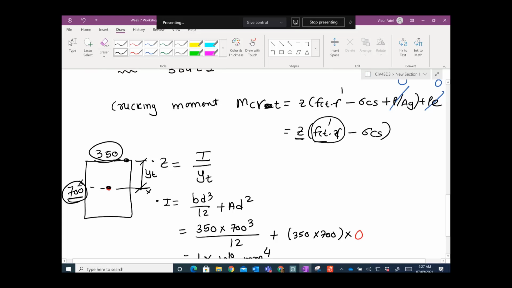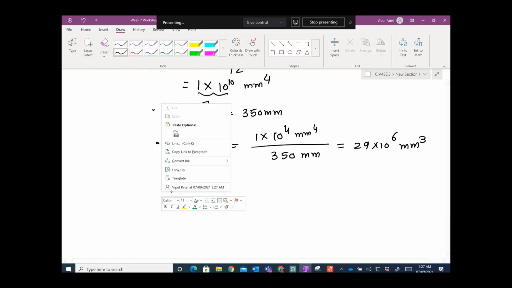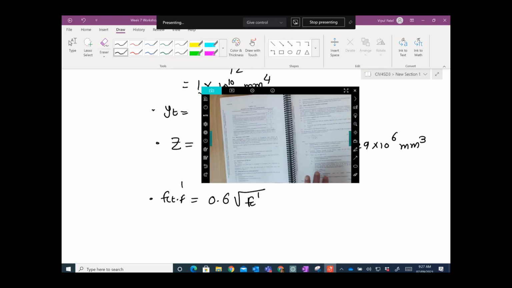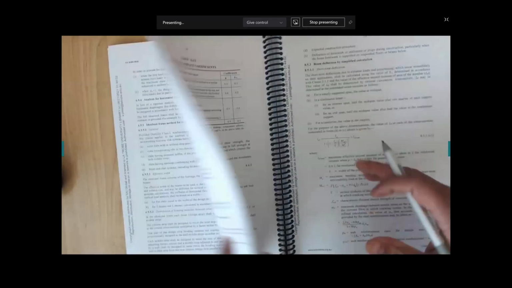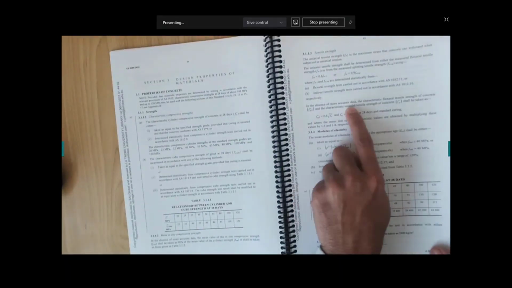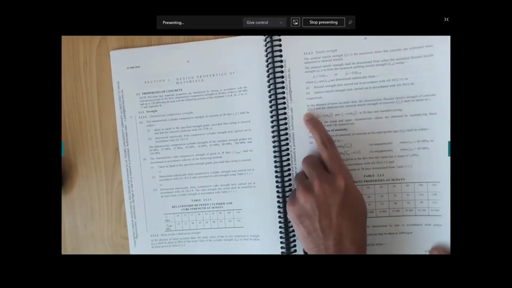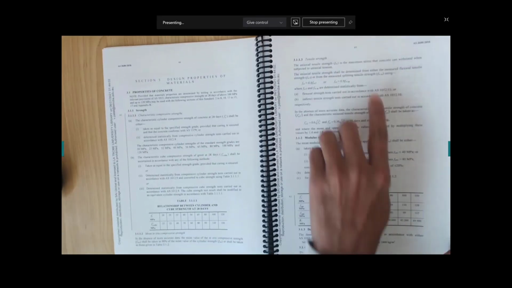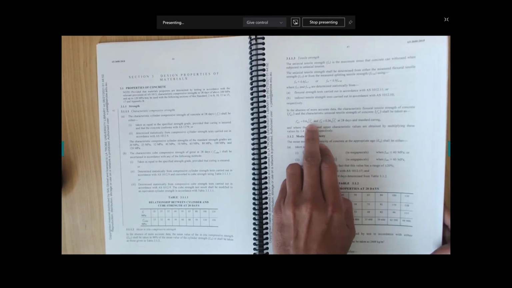Now let's calculate this f'ct.f, which is just your concrete tensile strength, 0.6 square root f'c. Where can you find that? I can show you. If you go all the way to this one here, the characteristic flexural tensile strength of concrete f'ct.f, clause 3.1.1.3 on page number 45, you have 0.6 square root f'c.